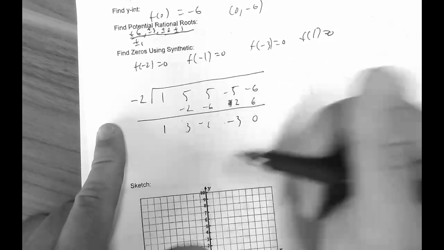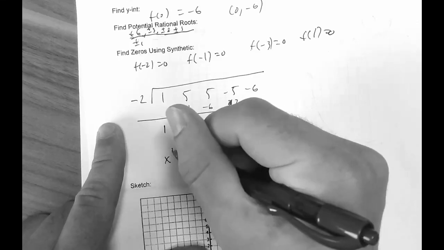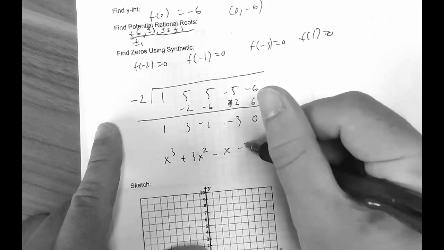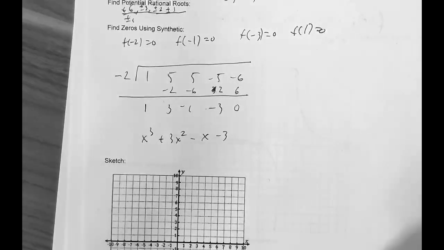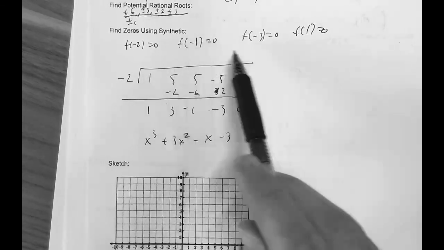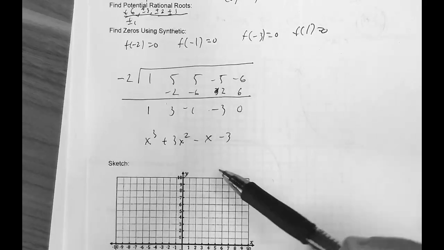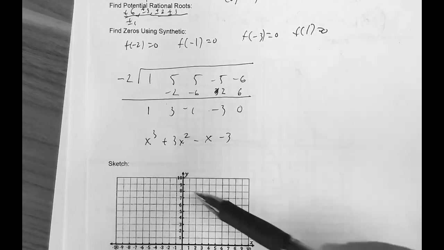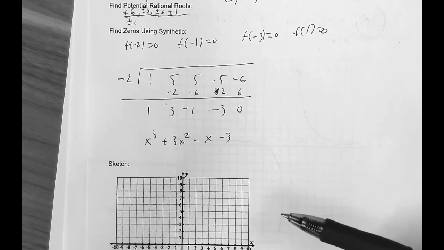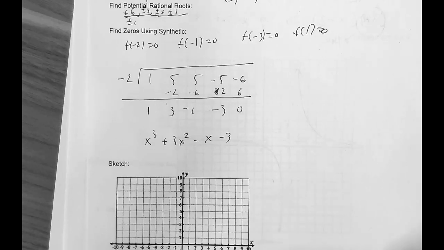So following this pattern, x to the 3rd plus 3x squared minus x minus 3. So you continue this pattern, right? You keep on breaking it down and prove that these are the zeros by synthetically dividing by all of them. And if you have stuff left over at the end, that would be potentially irrational or non-real zeros.